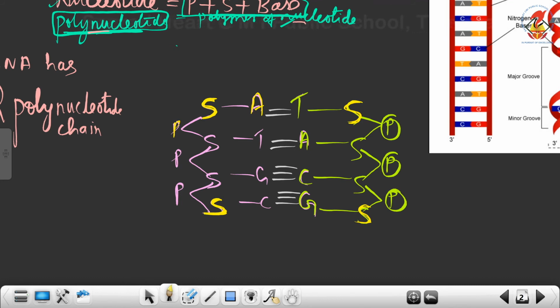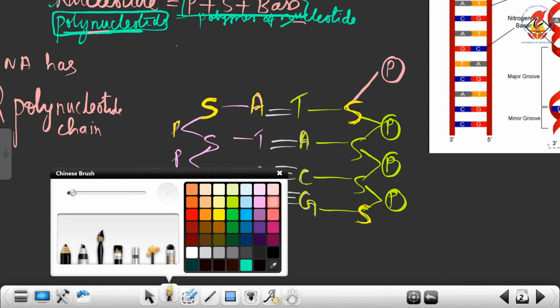So the correct representation is, if the left-hand side chain, the first polynucleotide chain, starts with sugar, it should end with phosphate. And the second polynucleotide chain will start with phosphate and end with sugar.